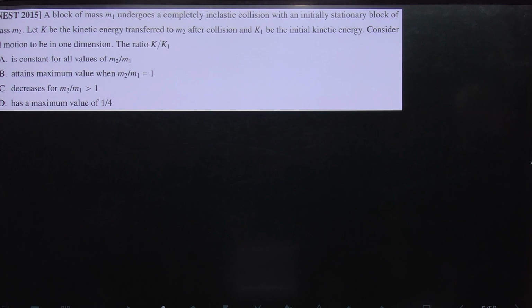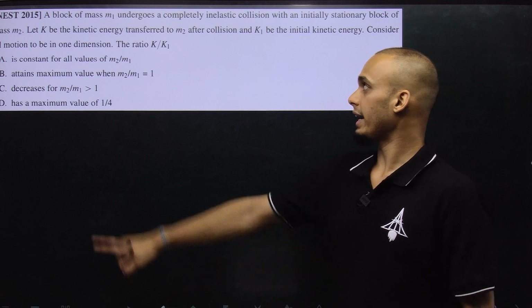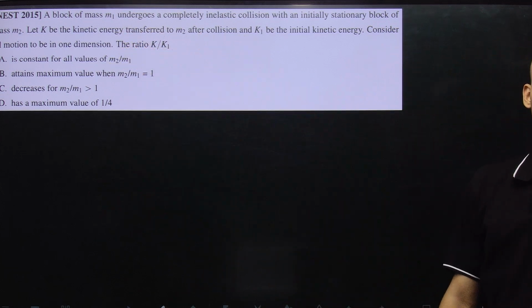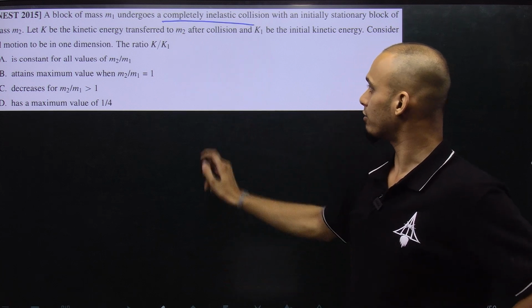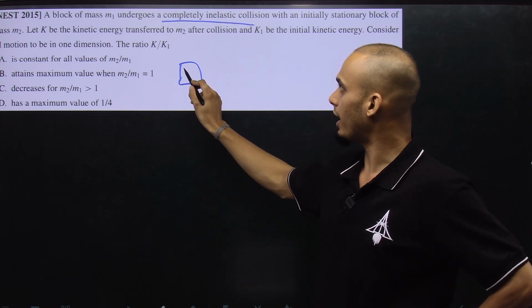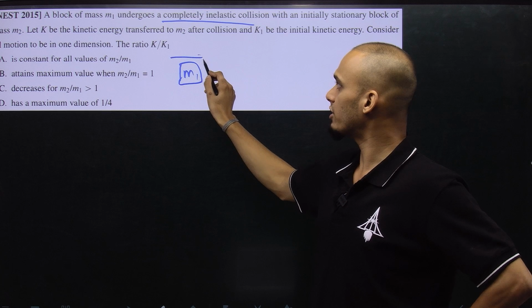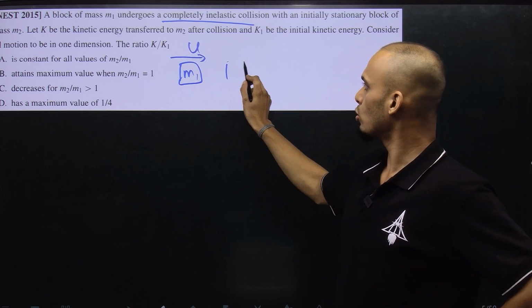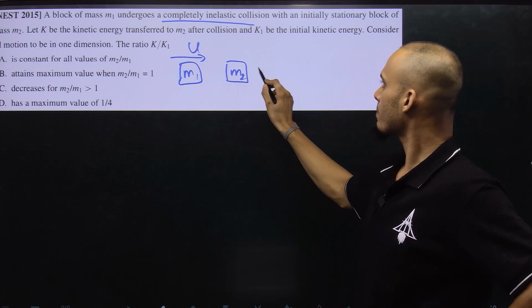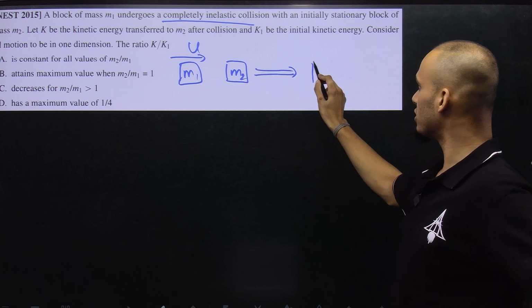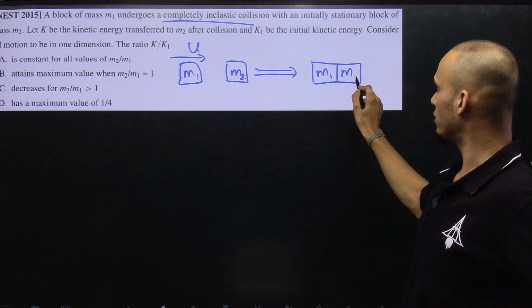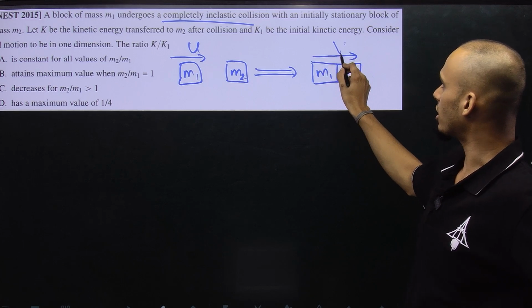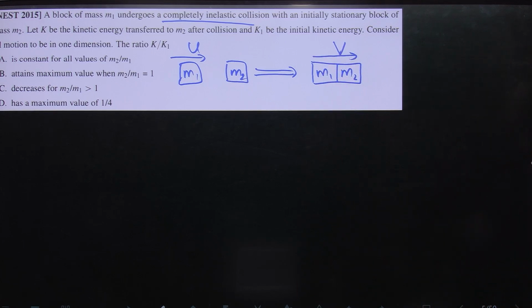Now in this next question, we have a block m1 which is colliding with a block m2 completely inelastically. That means before collision, let's say the mass m1 was moving with some speed u and m2 was at rest, as we've been given. After collision, since it's a completely inelastic collision, the two masses will stick together and move with some common speed, let's say v.